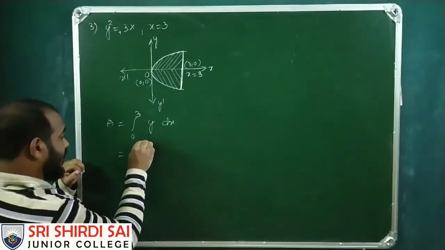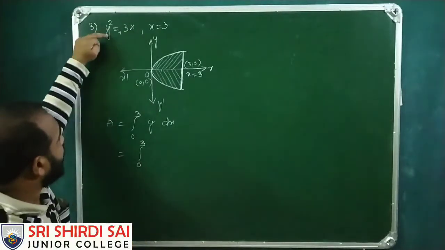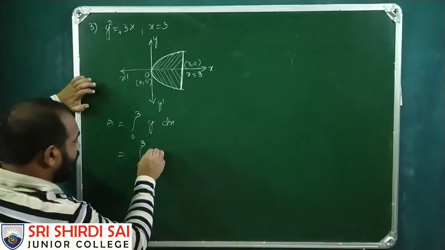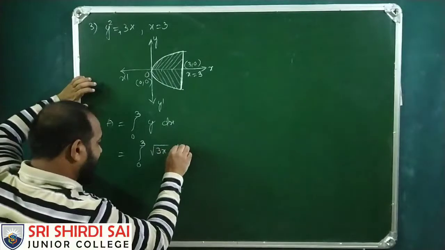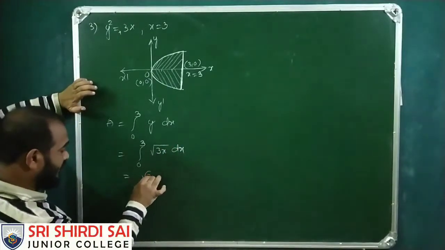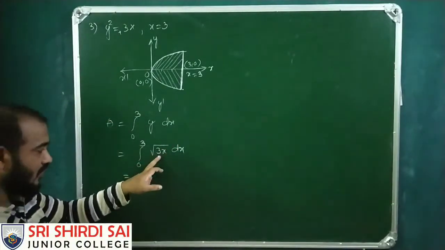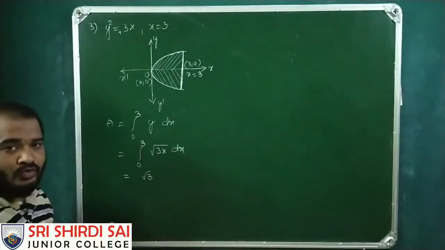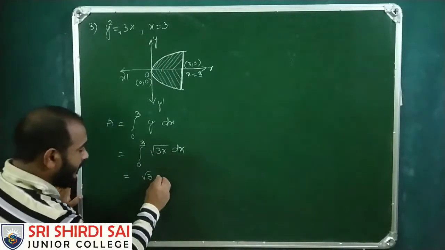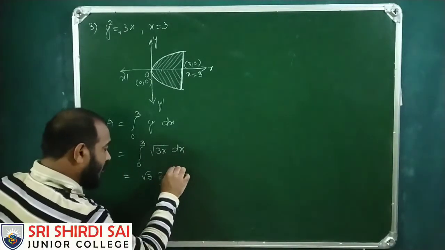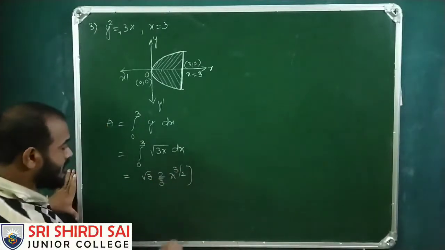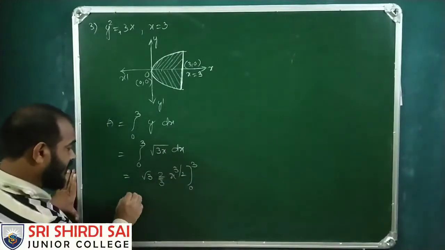So 0 to 3, y square equals 3x, y equals root of 3x dx. So root 3, since it is a constant, separate it from the process of integration. Integral root x is 2 by 3 x power 3 by 2 from 0 to 3.